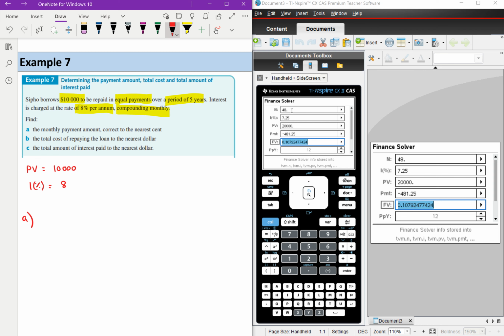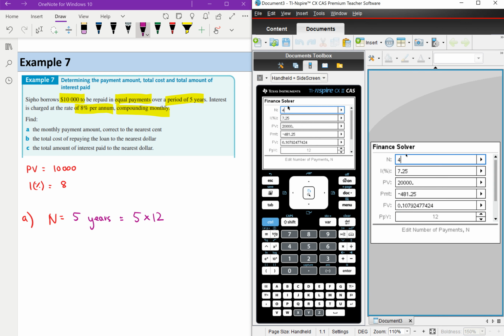So first we need to calculate N. It's over a period of 5 years, compounded monthly, and there are 12 months in a year, so N is 5 times 12, the number of times I'm compounding.